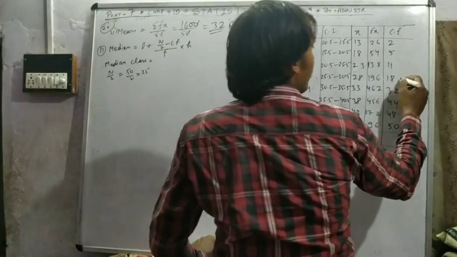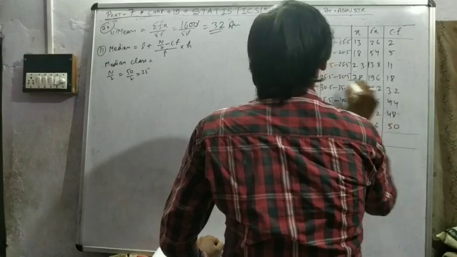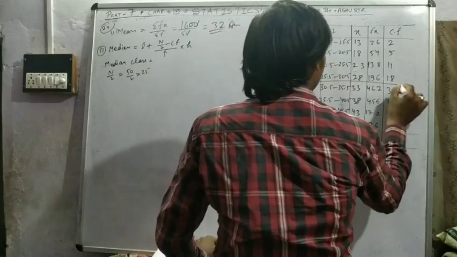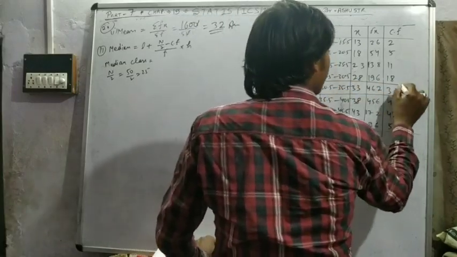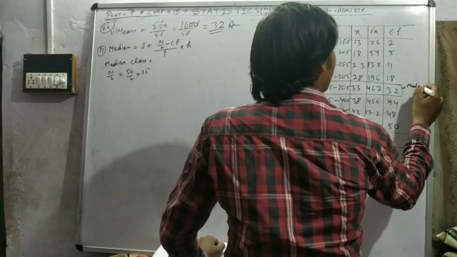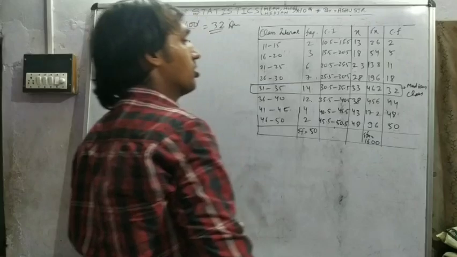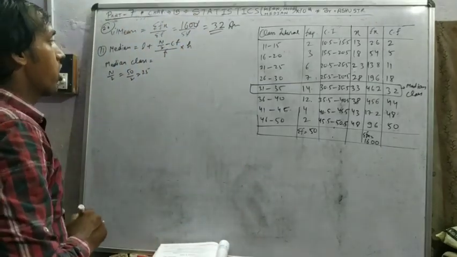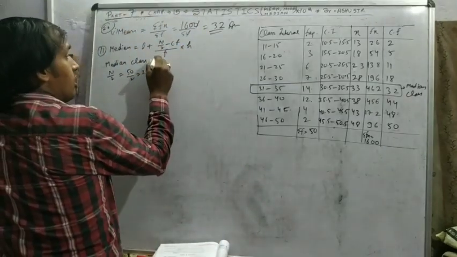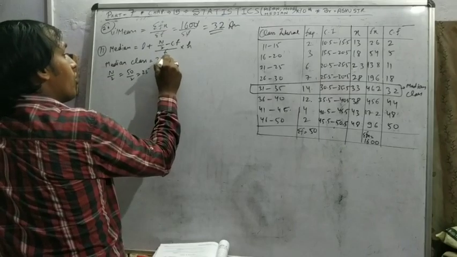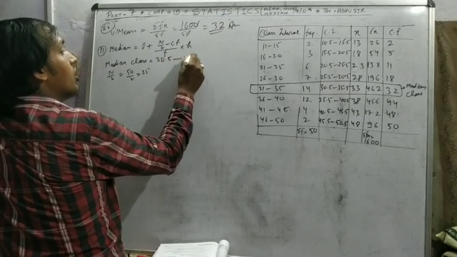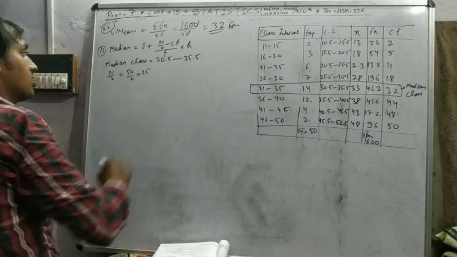25 lies in this class, so this is the median class. 30.5 to 35.5 is the median class.